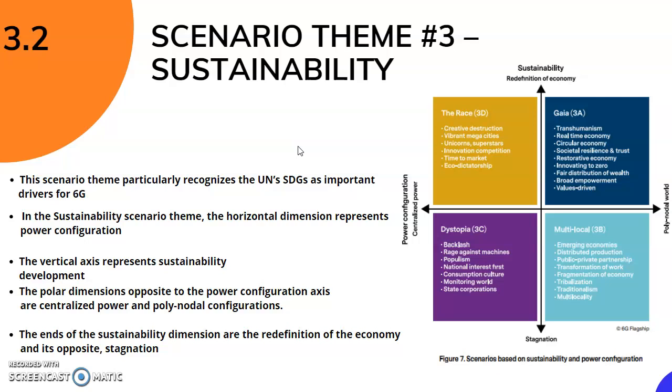Continuing with the scenarios, scenario theme number 3: sustainability. This scenario theme recognizes the UN's SDGs as important drivers for 6G.